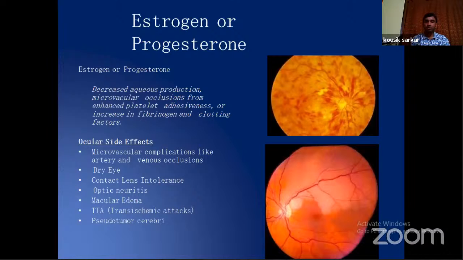Estrogen or progesterone cause decrease in aqueous production, and they also cause microvascular occlusion from enhanced platelet adhesiveness or increase in fibrinogen and clotting factors. Ocular side effects of estrogen and progesterone include microvascular complications like arterial and venous occlusion, dry eye, contact lens intolerance, optic neuritis, macular edema, and pseudotumor cerebri.